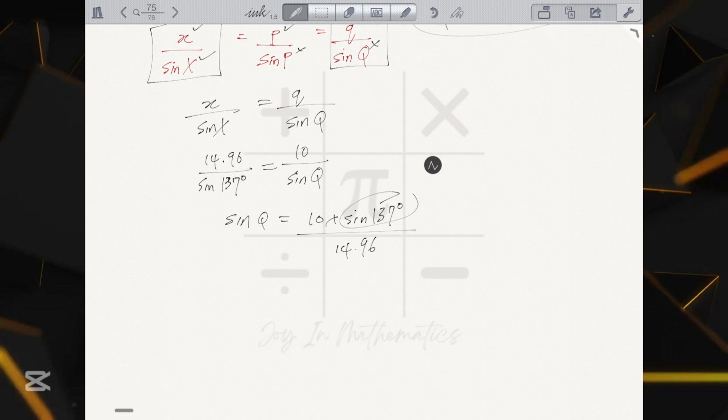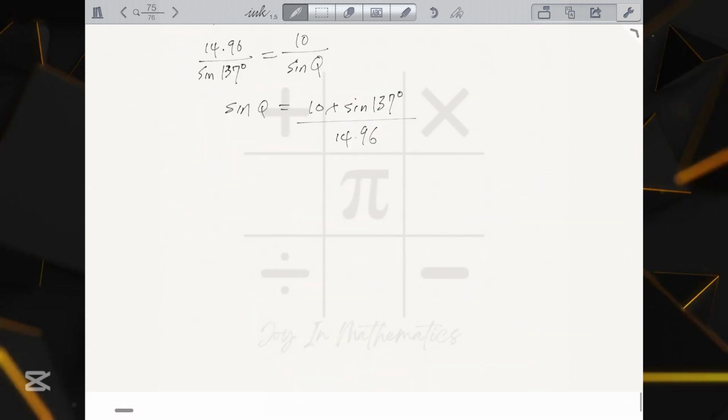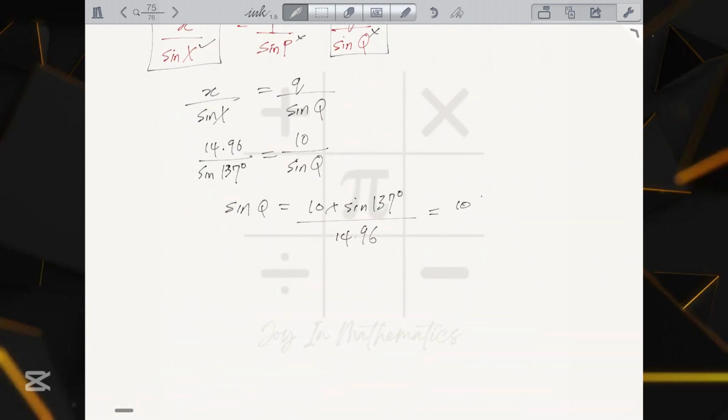Now sine 137 degrees using our calculator, which falls in the second quadrant, and we can see here that in the second quadrant only sine is positive, so the result will be positive. So it will give us 10 multiplied by 0.6820 divided by 14.96. With this, we have sine Q equal to 0.4559.